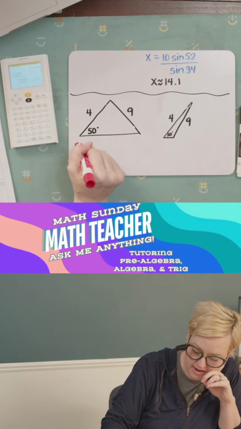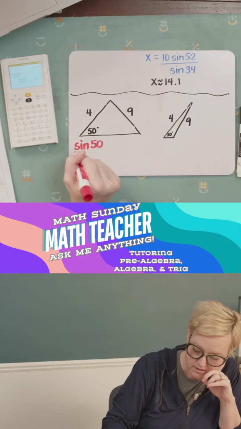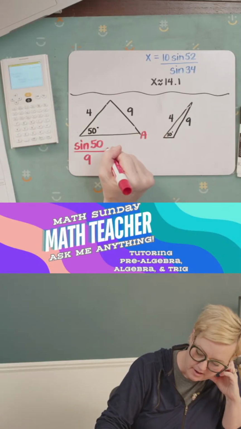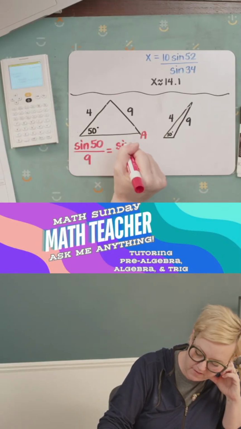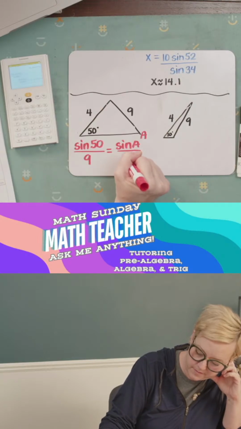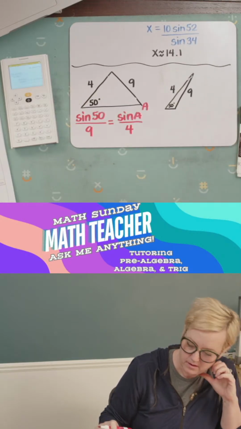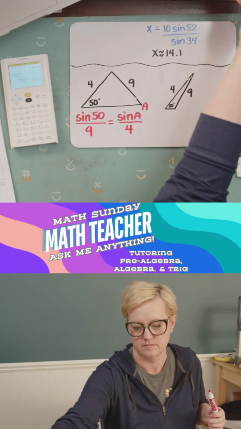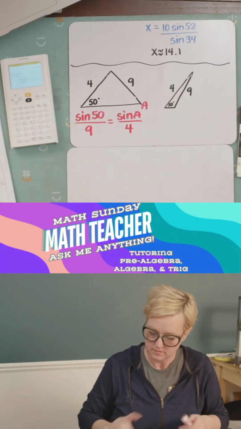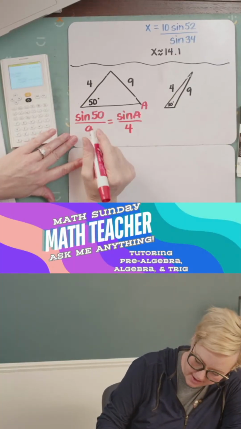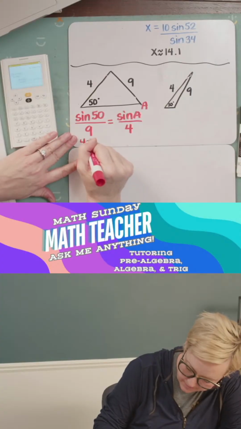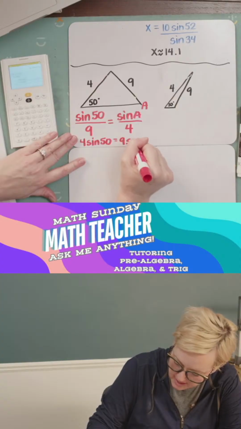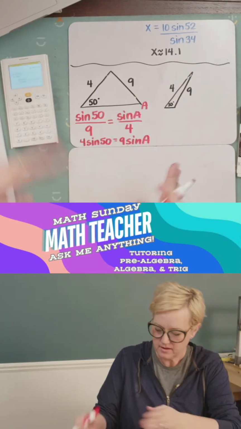The way that you can look at it is, I would use law of sines for this. So I know that sine 50 over 9, let's call this angle A, equals sine of A over 4. I'm going to cross multiply, and I get 4 sine 50 equals 9 sine A. I'm going to flip it all around.